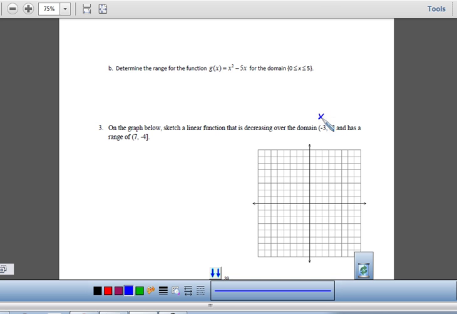So here's our lowest x value and our greatest x value, and it has a range from 7 to -4, our highest y value and our lowest y value. Our lowest x value is -3, and the y value that goes with that is 7. So I go up to 7.